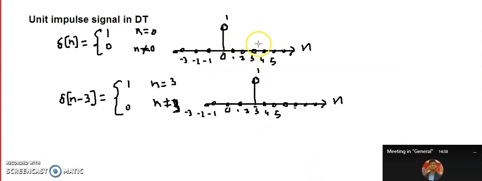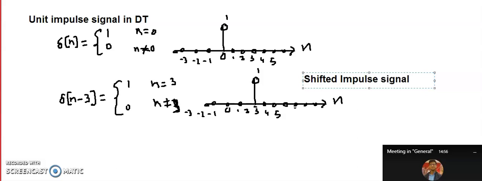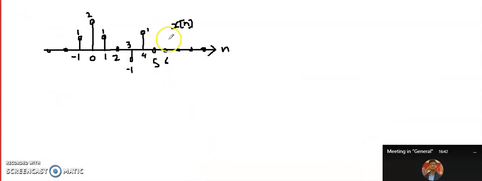This is called impulse signal and this is called shifted impulse signal. Agree?